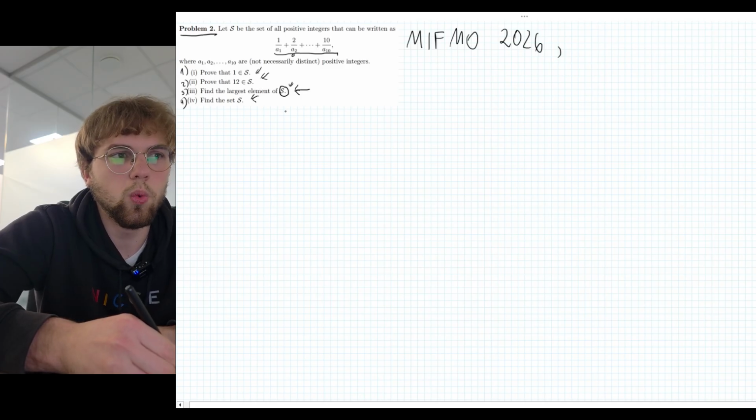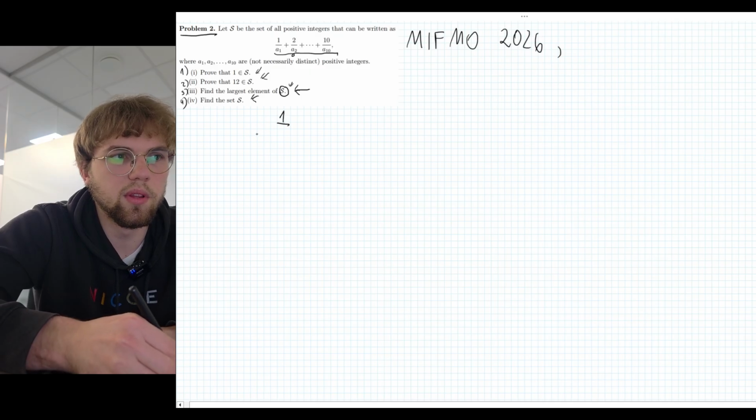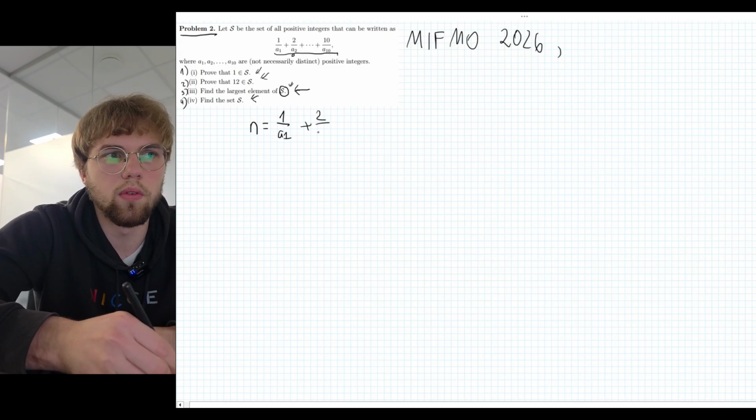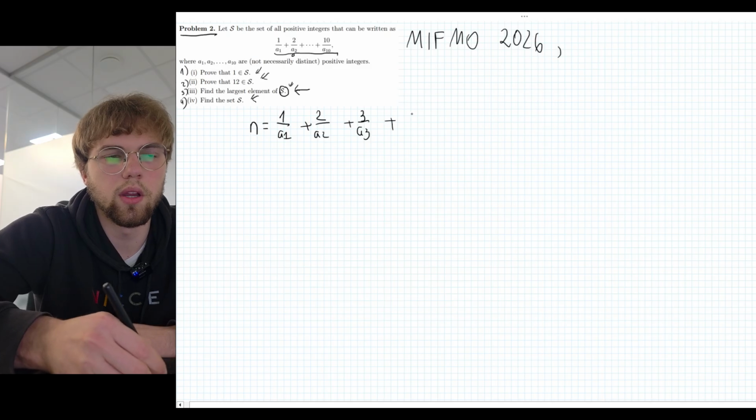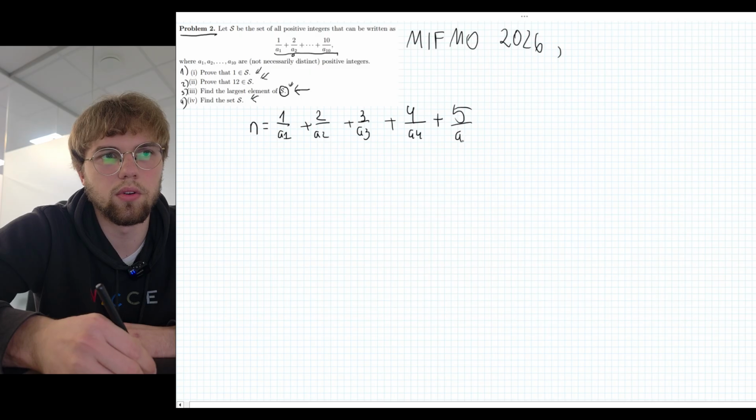So, what do we have? We have that all the elements of S are of this form, plus 3A3 plus 4A4. I'll just write it out for the sake of simplicity.